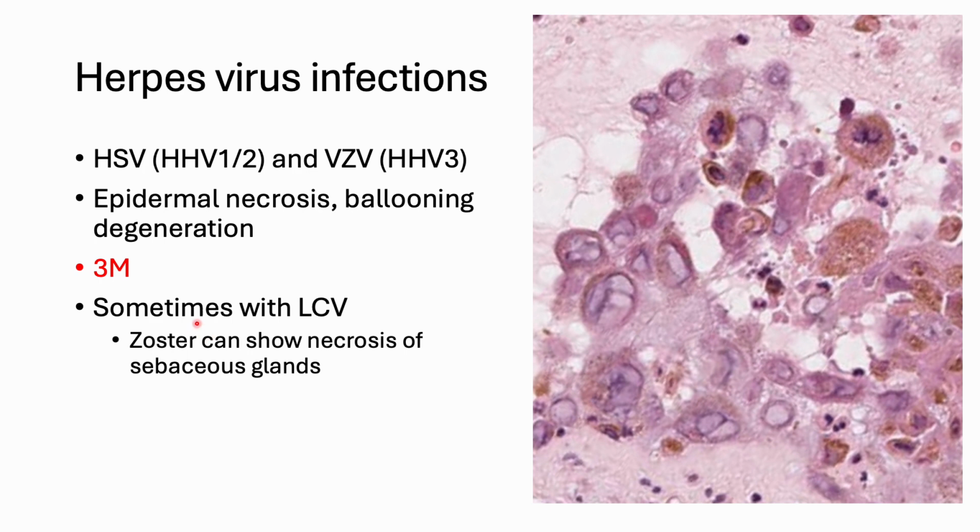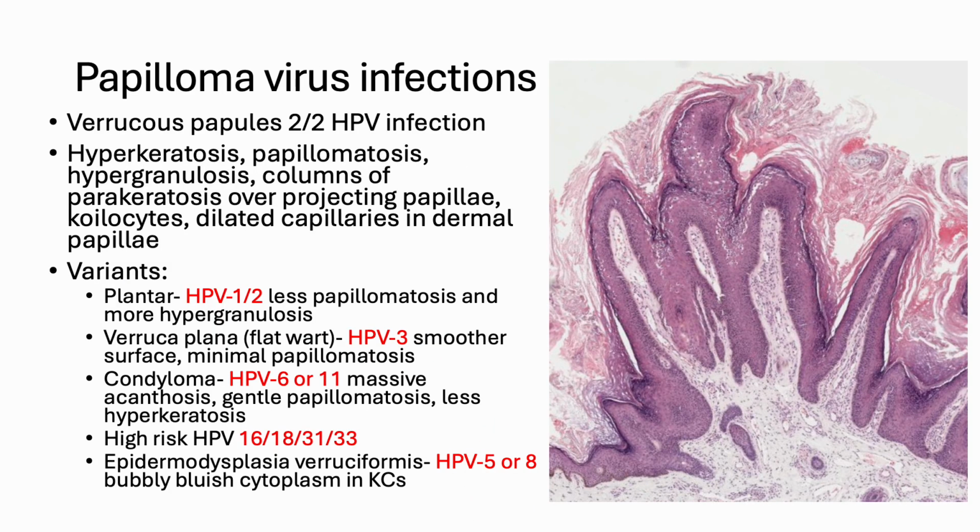Also, sometimes you can see leukocytoclastic vasculitis in the deep portion of the herpes virus. Those are the features. I believe everybody, after a few months of training now, should be able to recognize herpes infection quite easily. Next is human papillomavirus infection.